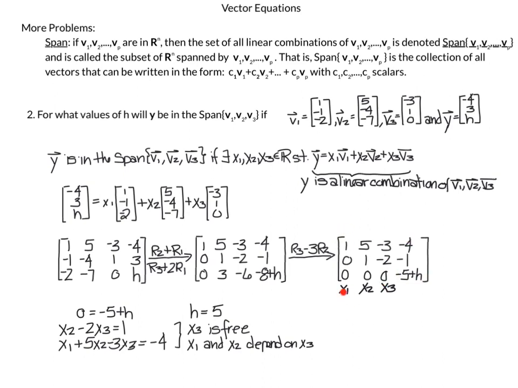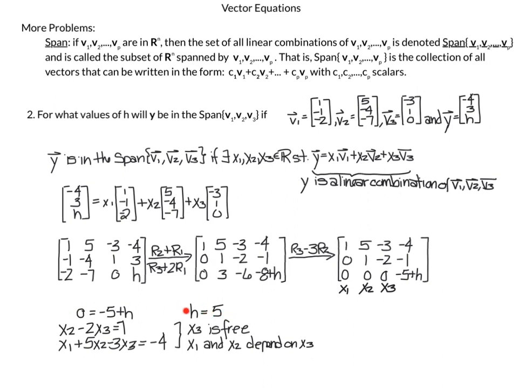And my first column is associated with x1, my second with x2, and my third with x3. So what this tells me is that 0 is equal to -5 plus h. And I also have that x2 minus 2x3 is equal to 1, and x1 plus 5x2 minus 3x3 is equal to -4. These two equations here.